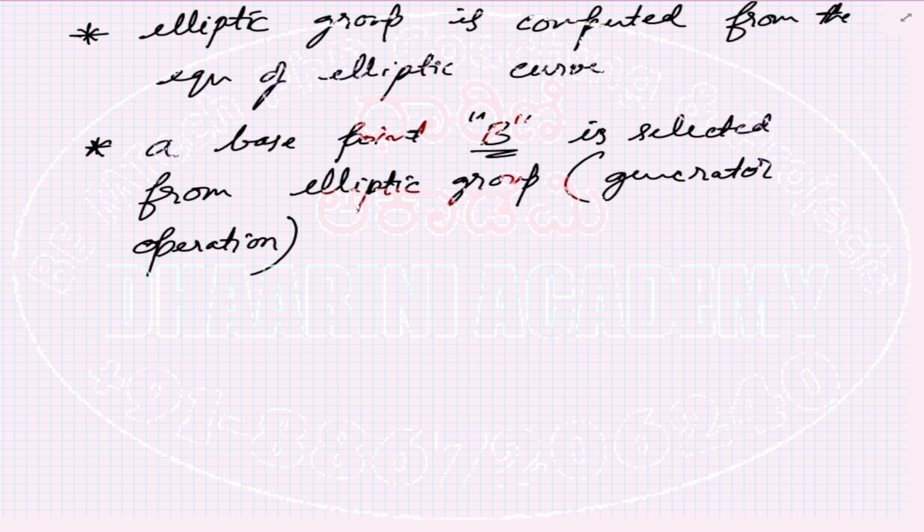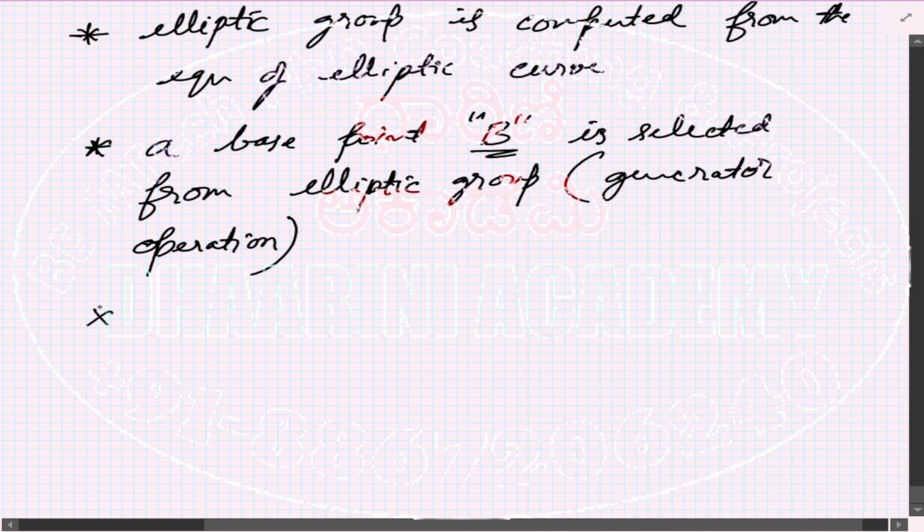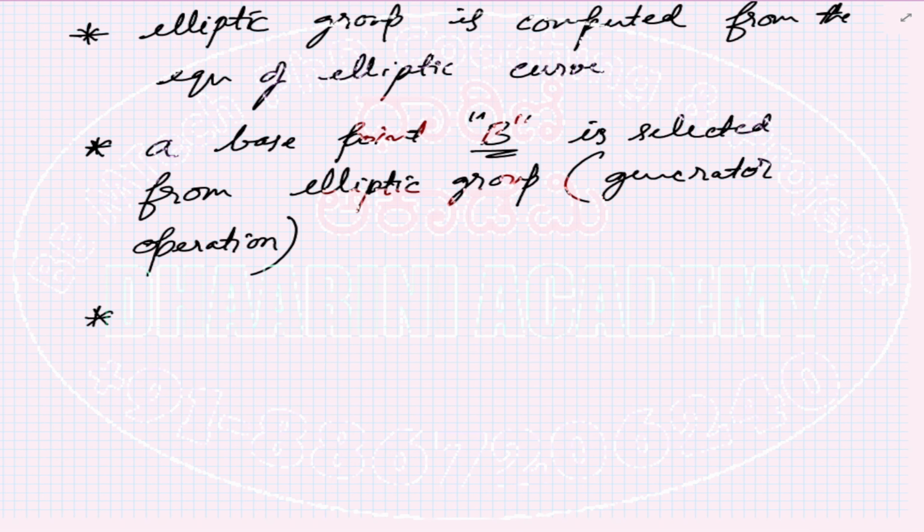So what you do, you have a private key, and into this base point, you get a public key. That's why this is used. So this B is the base point, which is helpful in generating the public key later. This will be a number. Normally all the points on the curve are whole numbers, discretely located points, and we generate the public key from the private key and the base point later.